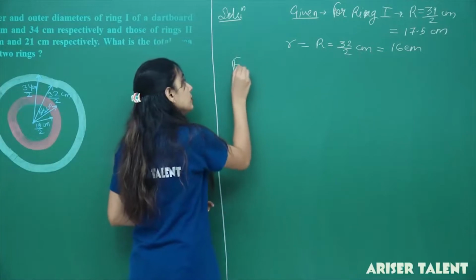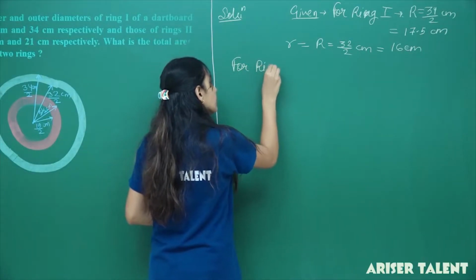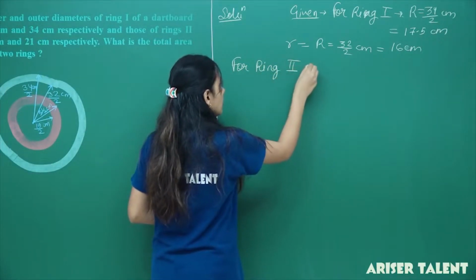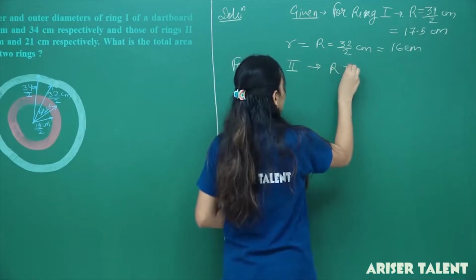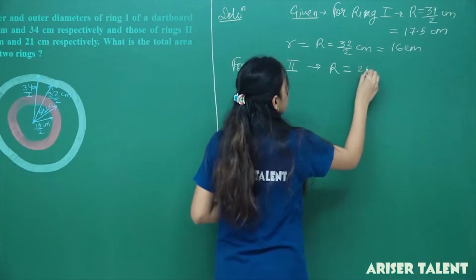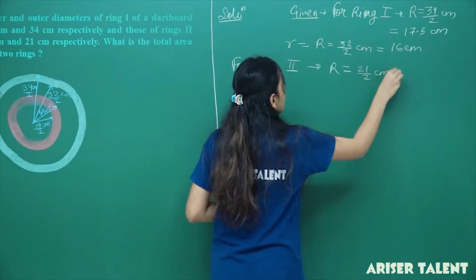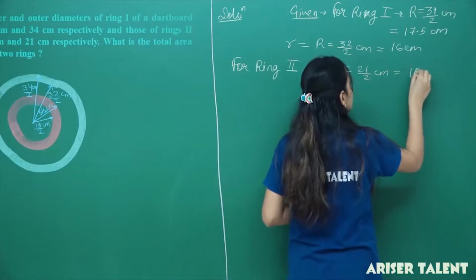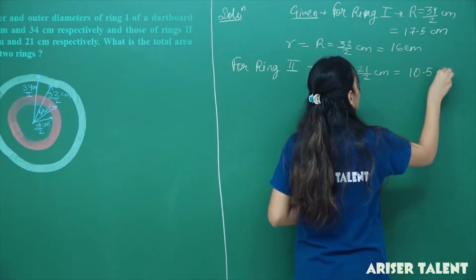Now for ring 2, what is R given? The bigger value is 21, so that will be 21 by 2 centimeters, which gives you 10.5 centimeters.